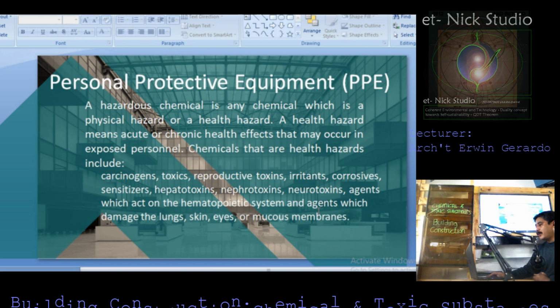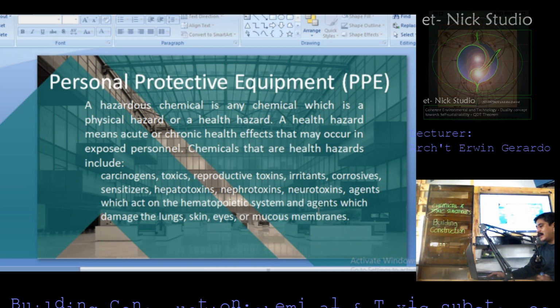Use personal protective equipment, or PPEs. A hazardous chemical is any chemical which is a physical hazard or a health hazard. A health hazard means an acute or chronic health effect that may occur in exposed personnel.